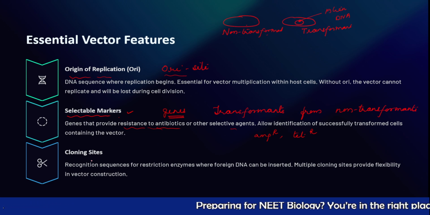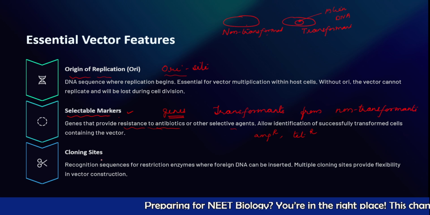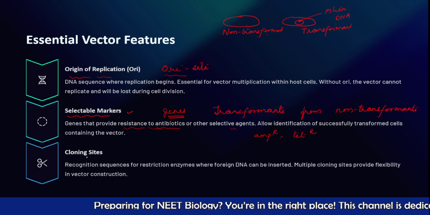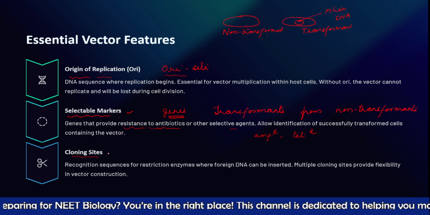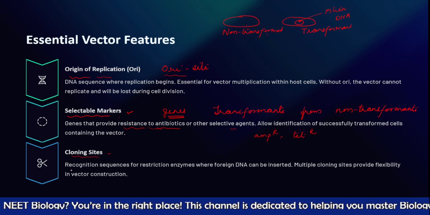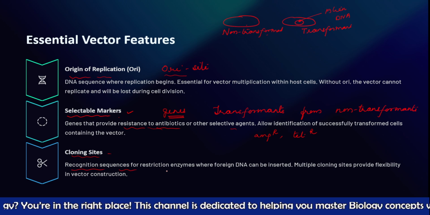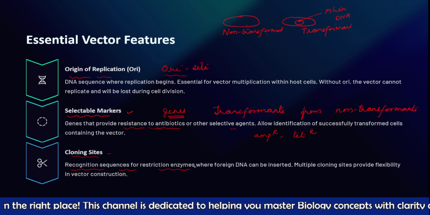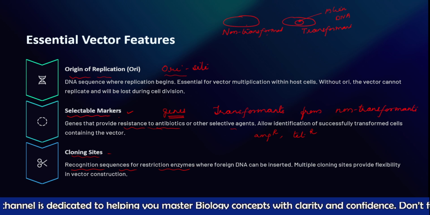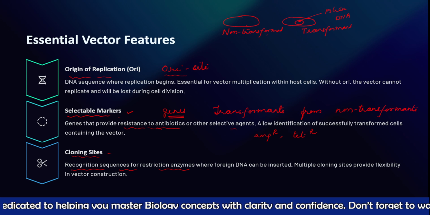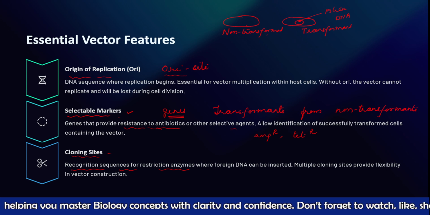Then the third feature of a vector is it should consist of at least one cloning site. Cloning sites are the specific recognition sequences for restriction enzymes. Earlier we discussed restriction enzymes. They recognize certain sequences, the palindromic sequences.